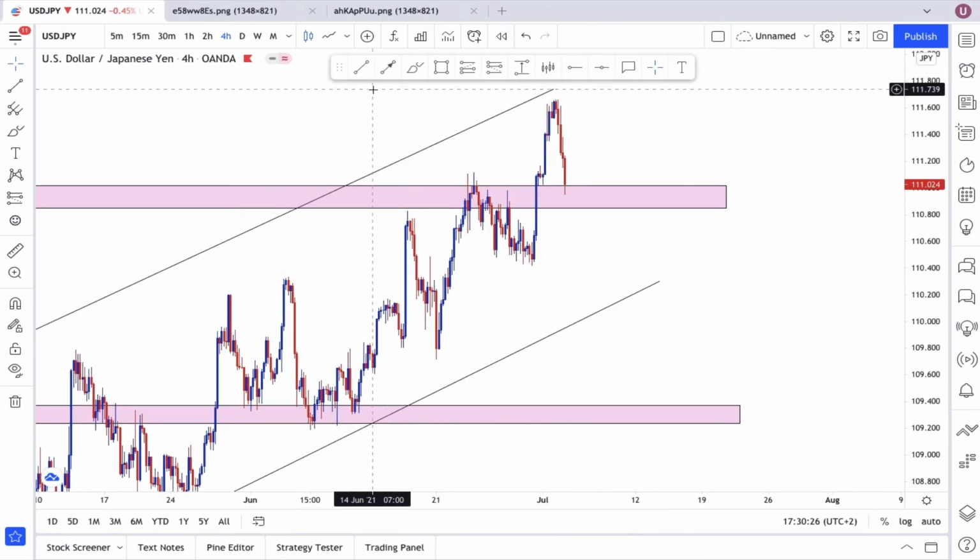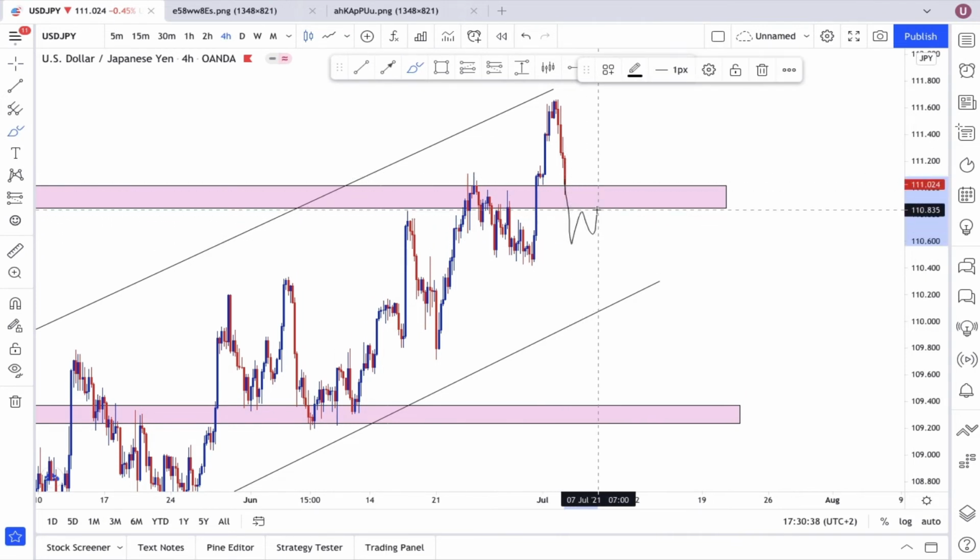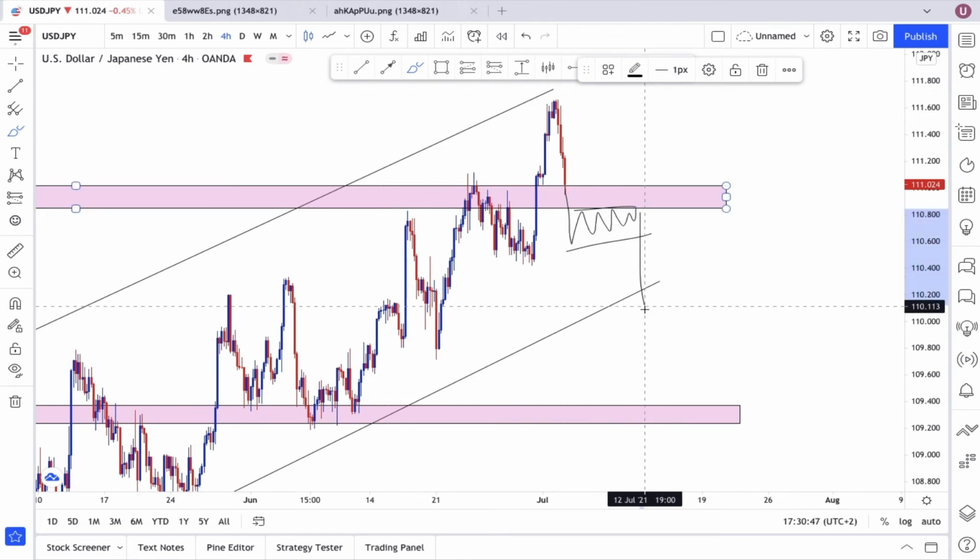Just like on EURNZD, I'll be waiting for the market to break down and give us a clear correction. That's what I'm looking for. If I do not get a clear correction, I'm not going to take the trade.